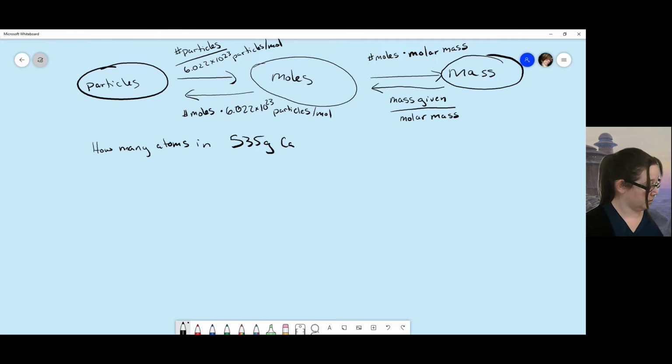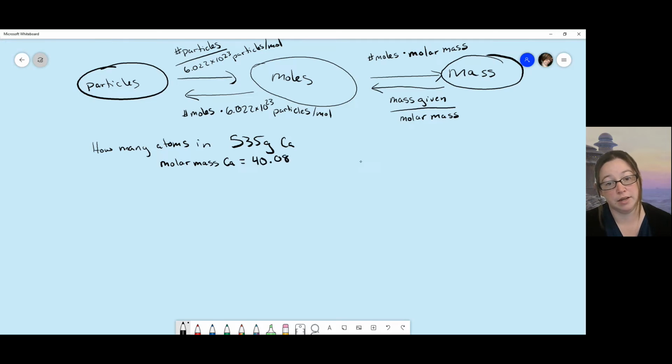Sorry, my nose itched. The first thing we're going to do is look up what the molar mass of calcium is. The molar mass of calcium according to the periodic table is 40.08 grams per mole.